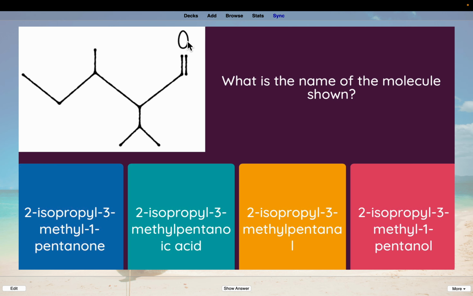We have an oxygen here attached with a double bond. 2-isopropyl. Okay. I think we're talking about alcohol here. So, pentanol or pentanal? Not sure. But definitely this is 2-isopropyl, 3-methyl.